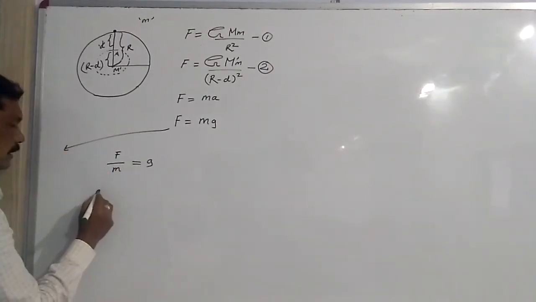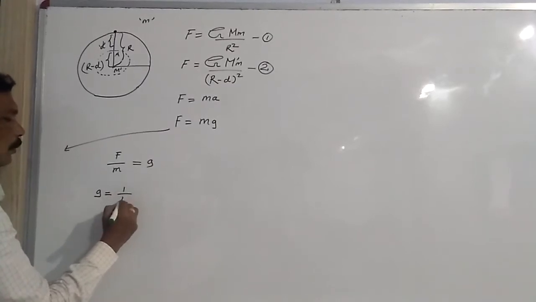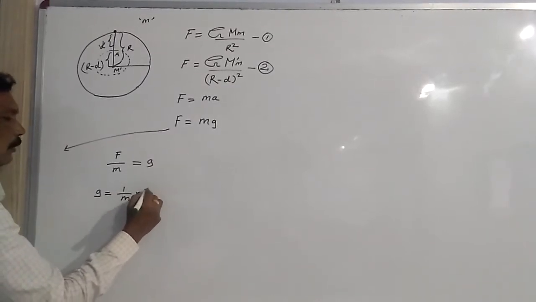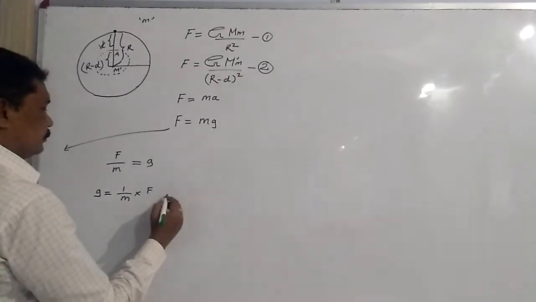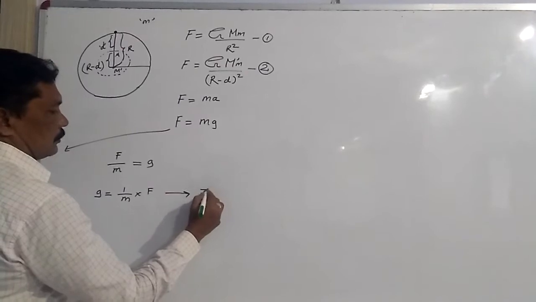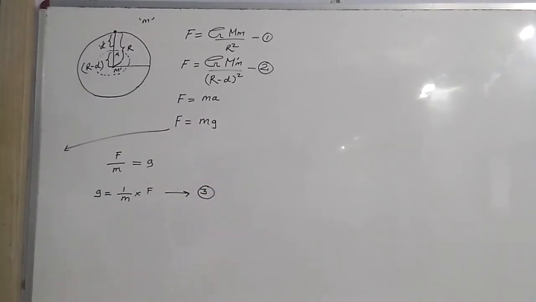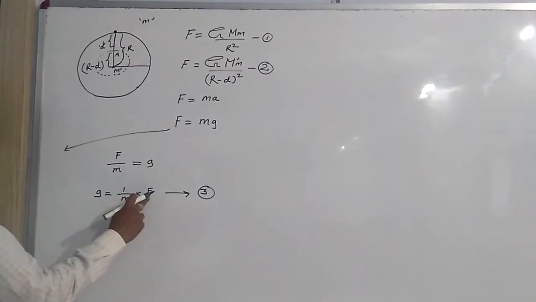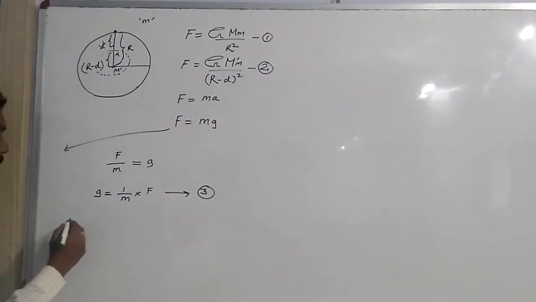From this we can write g is equal to 1 by m into F. Equation 3.